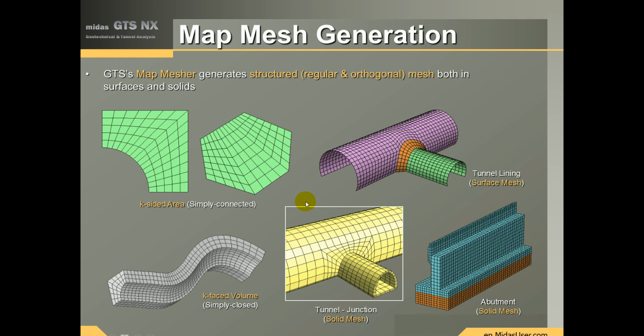For the map mesh generation, on the other hand, if the model is symmetric or permits generation of a structured mesh, you can use the map mesh feature to generate a structured or regular mesh in either 2D or 3D geometries. As you see, the lining of the tunnel and the connection between the tunnels. You can also look at the abutment, where it's fully meshed, and we can even do offset functions and things like that.